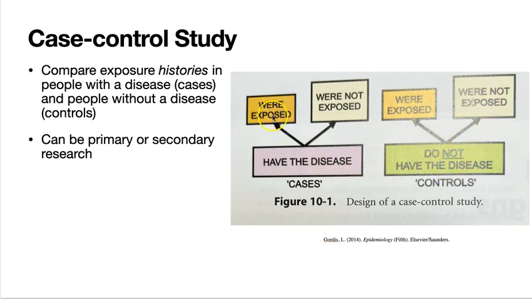Most of these people did eat at the picnic. So we'll see, maybe the picnic has something to do with the disease. Then we go back and we look at each food that was served at the picnic, and we see which food caused or was associated with the most cases of the disease.